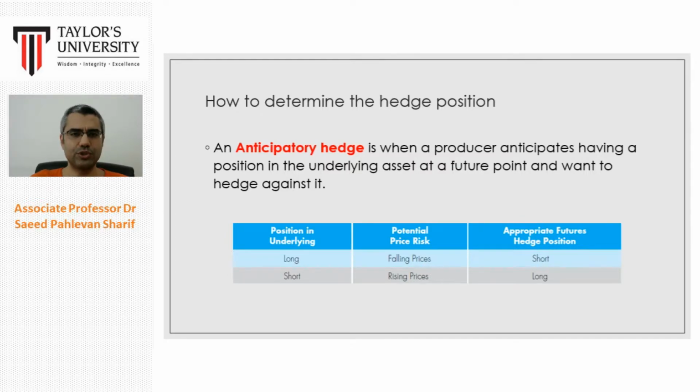You use futures contracts: when you are already long in crude palm oil, you take an additional reverse position, a short position on the same crude palm oil, and now you hedge.